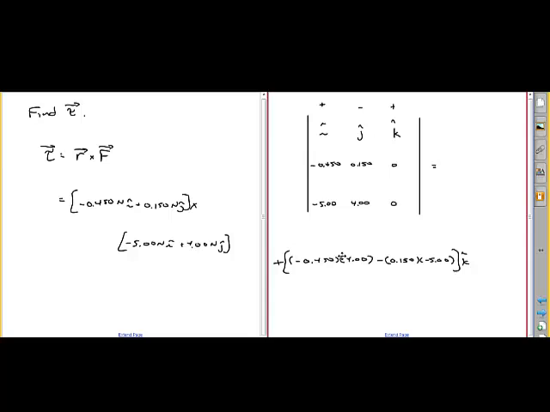And we've got a negative times a negative, so it's positive 0.15 times 5. So we get negative 1.05. The units are newton meters, and the vector is k. So what this is telling us is that it's going to give us a clockwise rotation, because clockwise is negative and counterclockwise is positive.